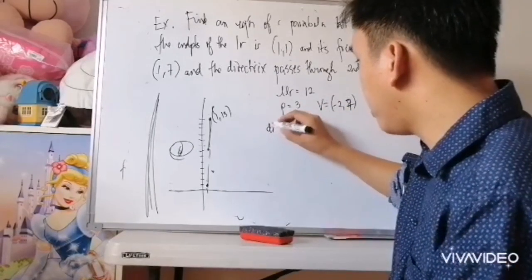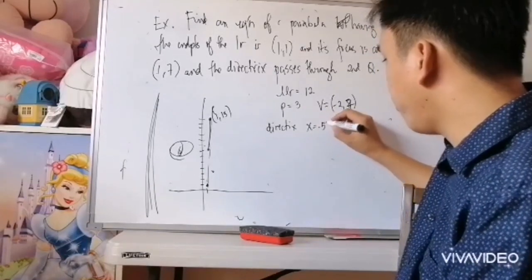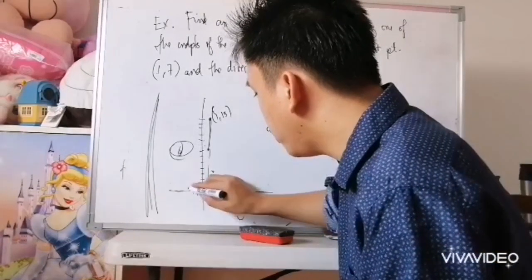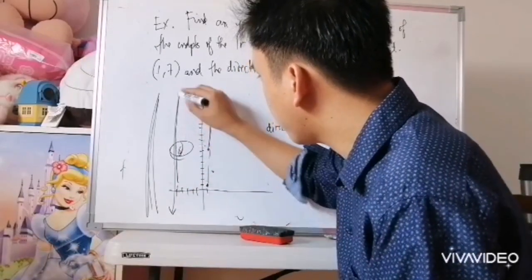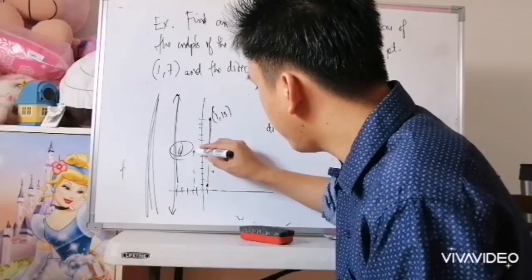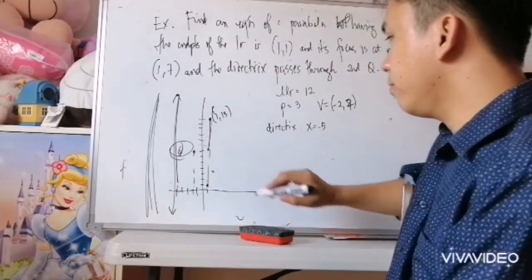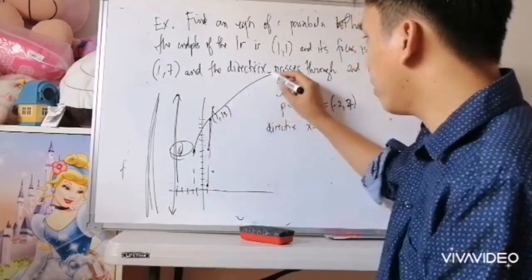Therefore the directrix has the equation x equals -5. So 1, 2, 3, 4, 5. So this is your directrix. Your vertex is here. So your parabola should be like this.